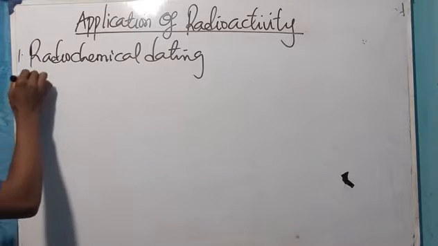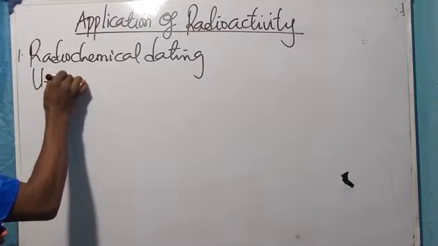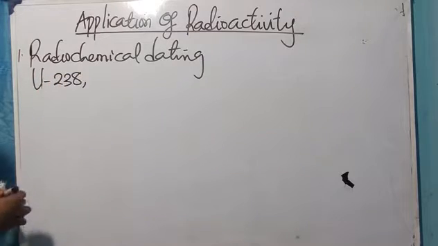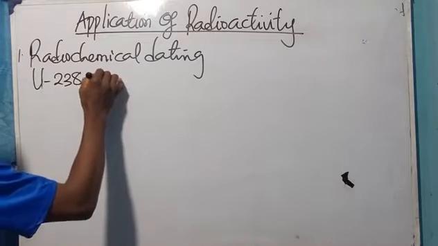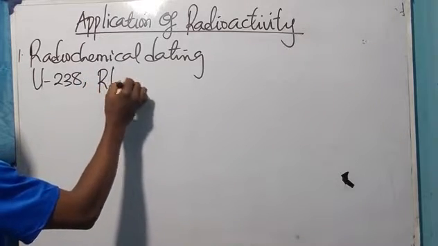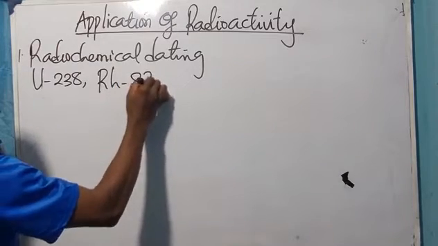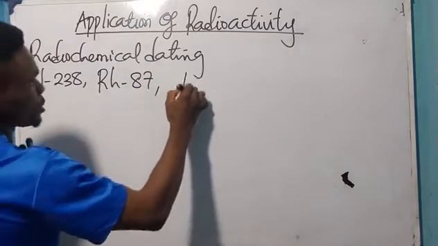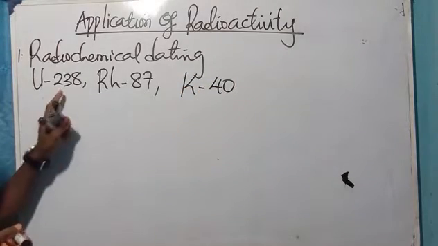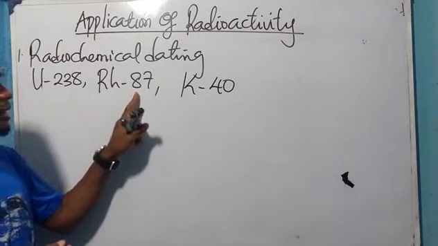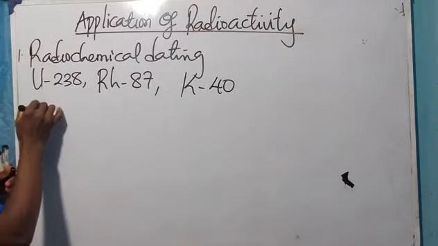Examples are uranium 238, rubidium 87 and potassium 40.